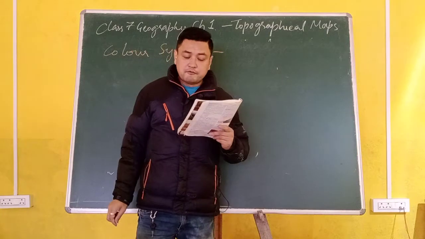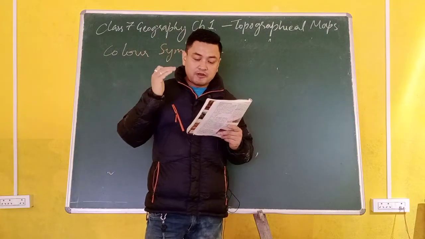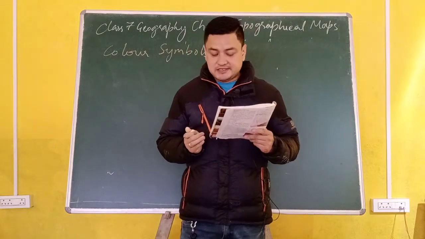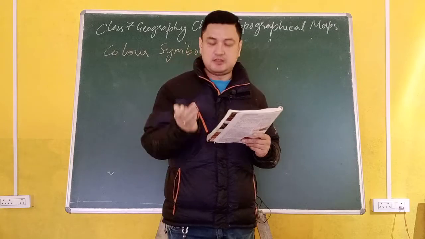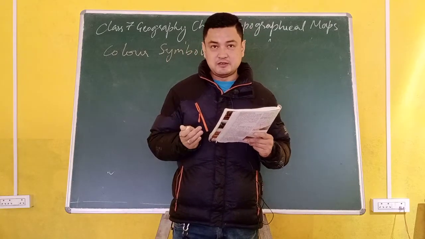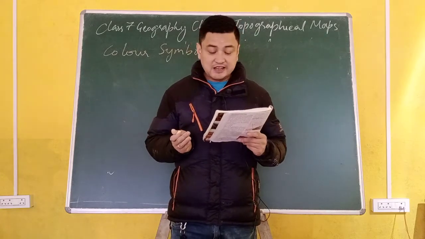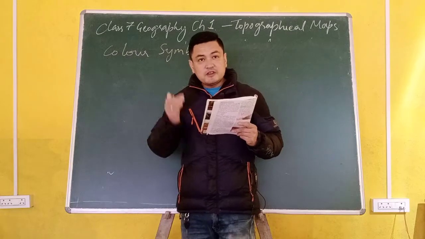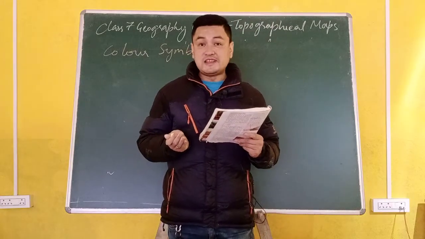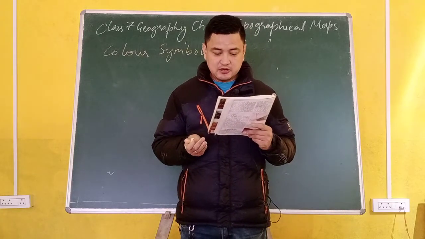Over a long period of use, some colors have developed a direct connection or association with certain objects. For example, since our birth we have seen plants and trees. So plants and trees have which color? Green color. So the moment we think of green, the first thing that comes to our mind is vegetation. Vegetation means all plants and trees.